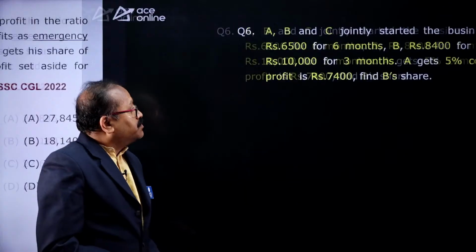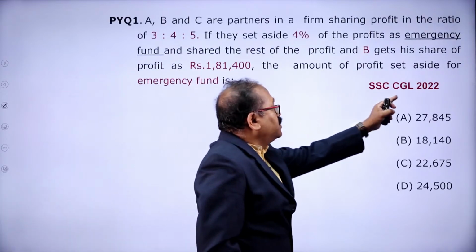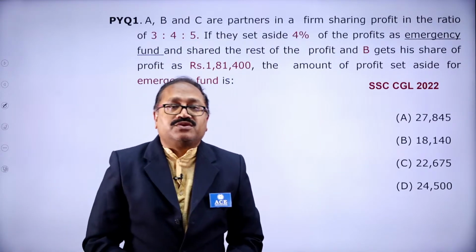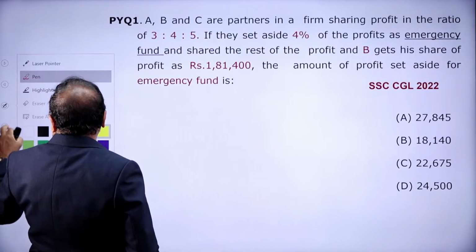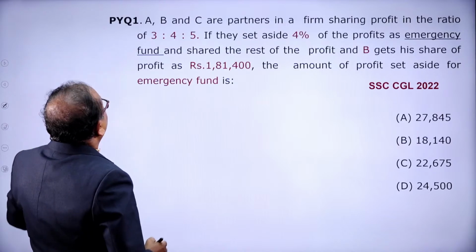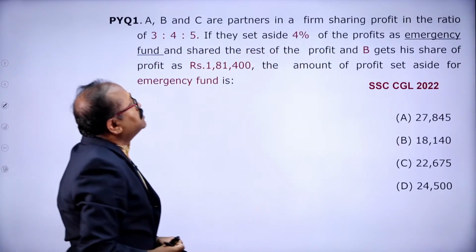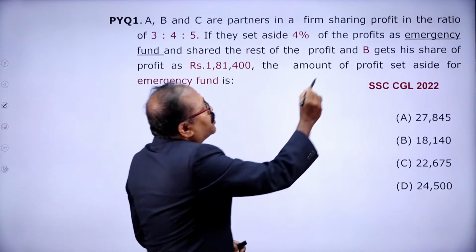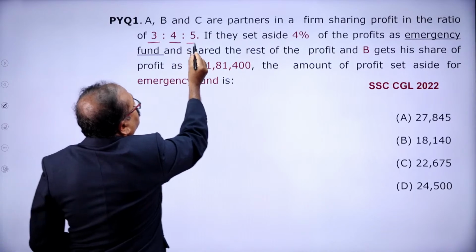Moving to the next question. Here is a previous year question, SSC CGL 2022. All my friends, we together will answer this question. A, B and C are partners in a firm, sharing profit in the ratio of 3:4:5.